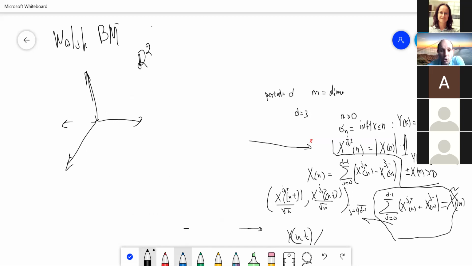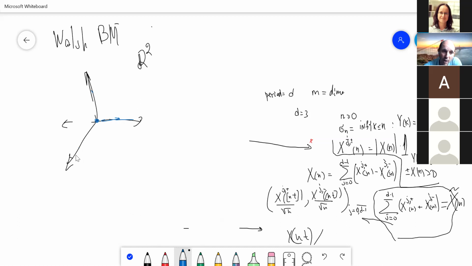And for the Walsh-Brownian motion, the phase space is these 3 rays, or m rays, or some n rays. If you are here, you behave like a Brownian motion on this line.